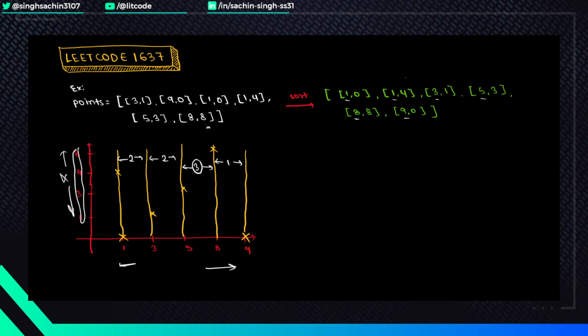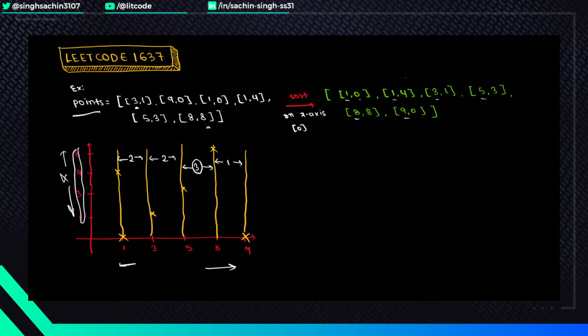So what if I sort this given array on the x-axis, that is the first value of each sub array, and try to find the largest gap between two consecutive x values. For example, over here I have sorted these values on the x-axis, basically the zeroth index element.